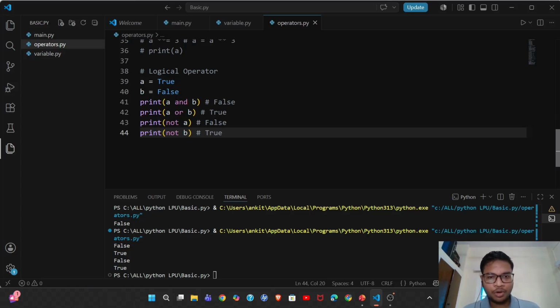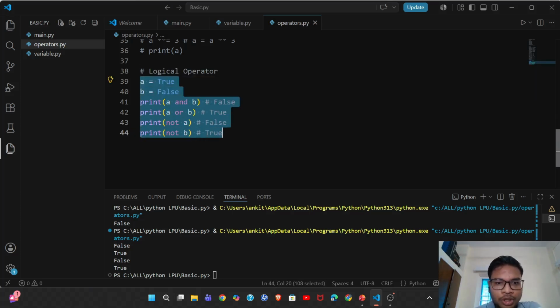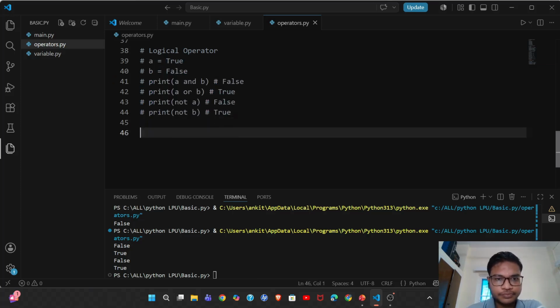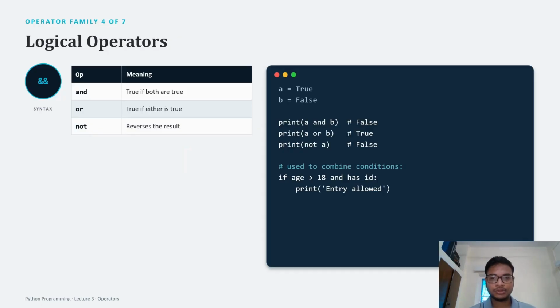So all types of logical operator, I think there is no doubt here. I think we dealt with all types of logical operator. So I hope you understand all these things very well. So let's move forward.